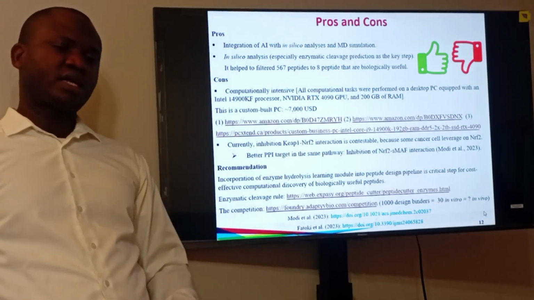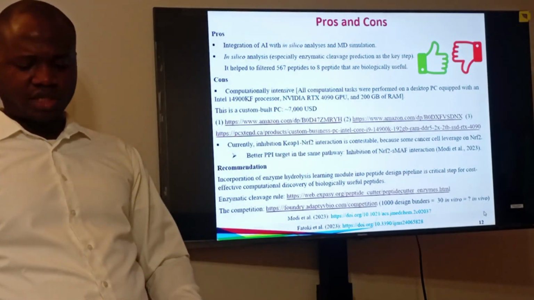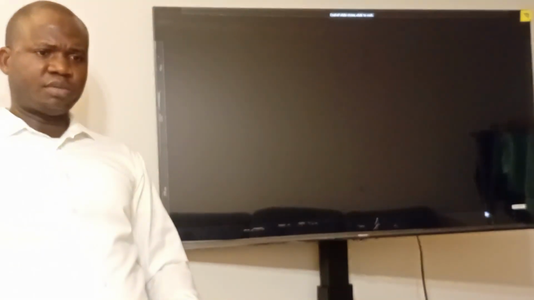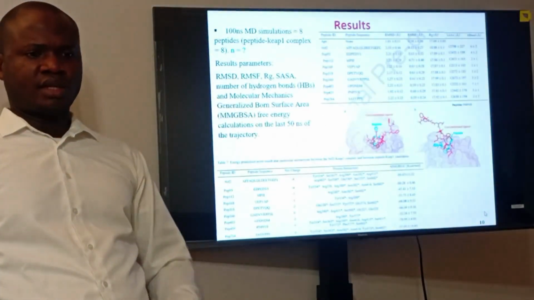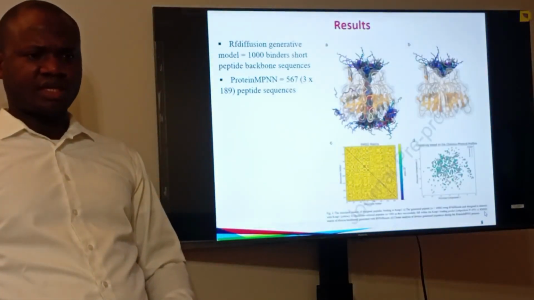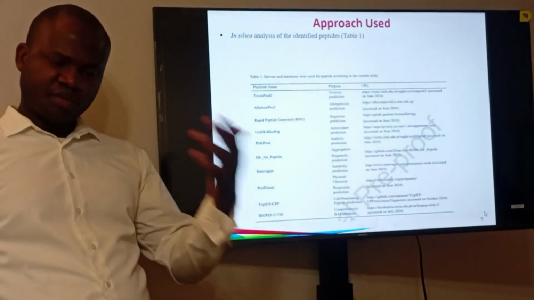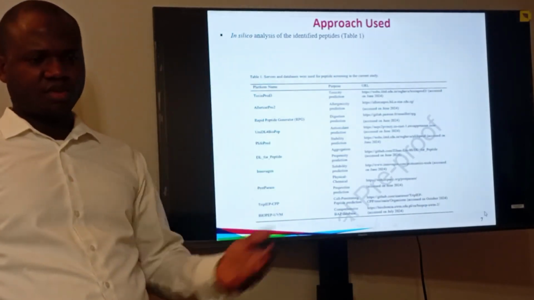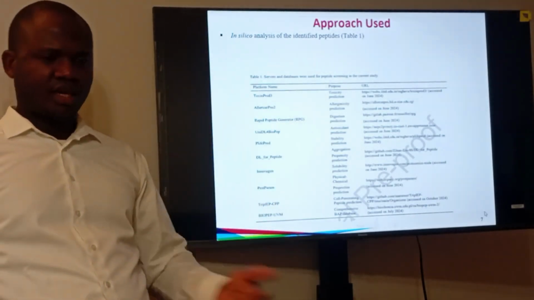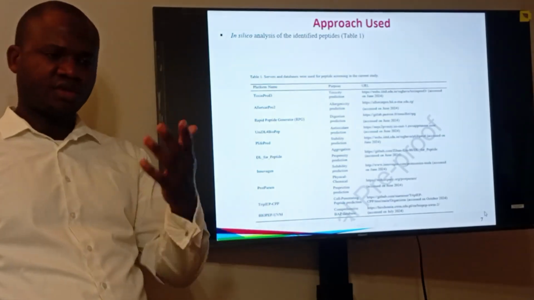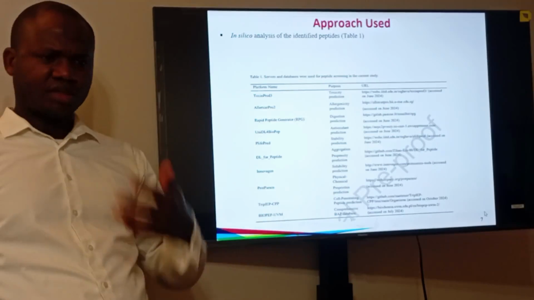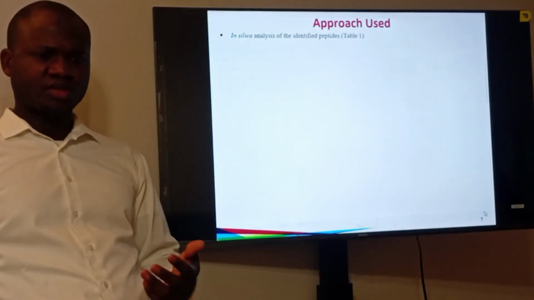So guys, this is what I have for you today. You can access the publication online, review the supplementary material, and then improve your skill. Learn about RF diffusion. Learn about ProteinMPNN. Learn about in silico analysis. Follow all the links that were provided. Learn about molecular dynamics simulation.